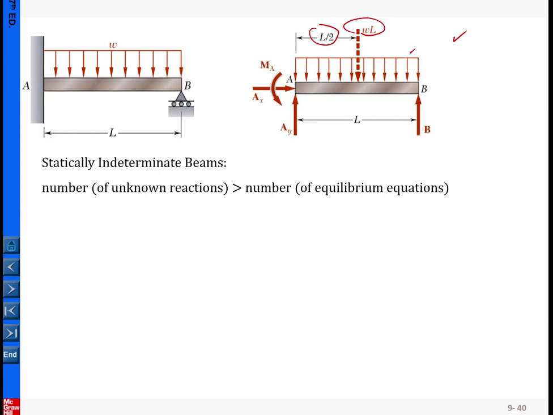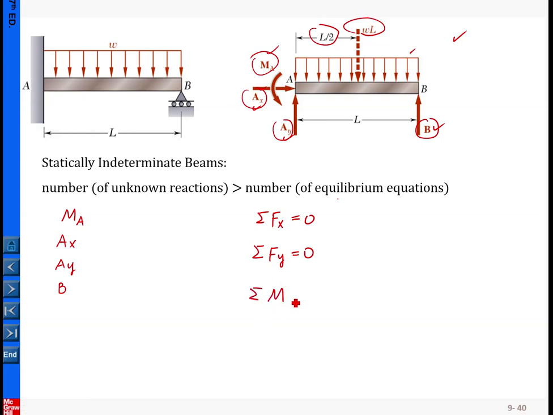On the other side, in terms of reactions, we have the bending moment at the clamp side, first, and we have reaction forces, vertical and horizontal, at the clamp side, and also at support B we have this reaction. So you can see the unknown reactions: MA, AX, AY, and the reaction force B. The number of equilibrium equations is this: force equilibrium in the horizontal direction equal to 0, in the y direction equal to 0, and the bending moment at any point equal to 0.